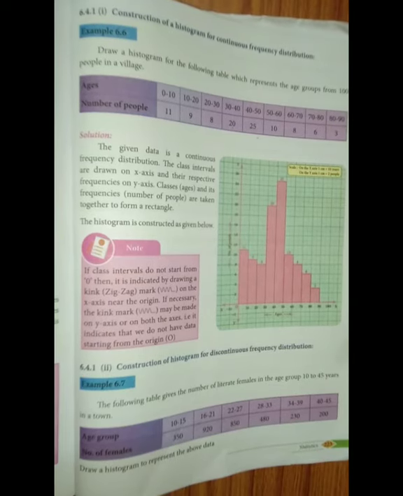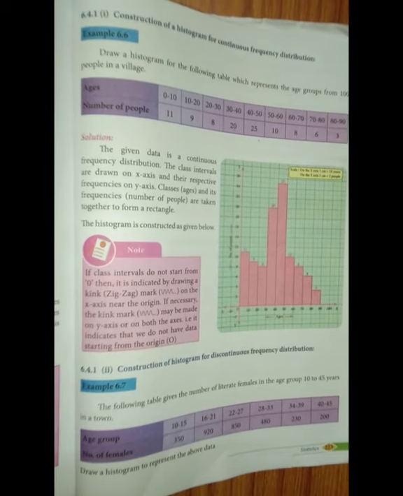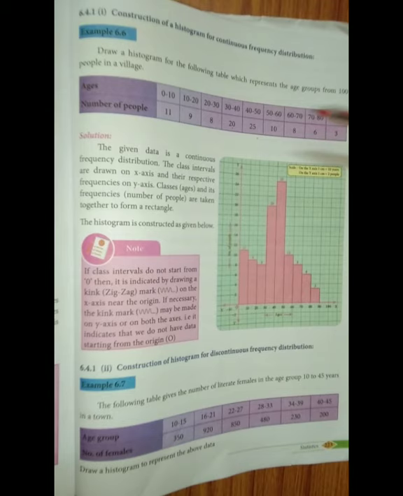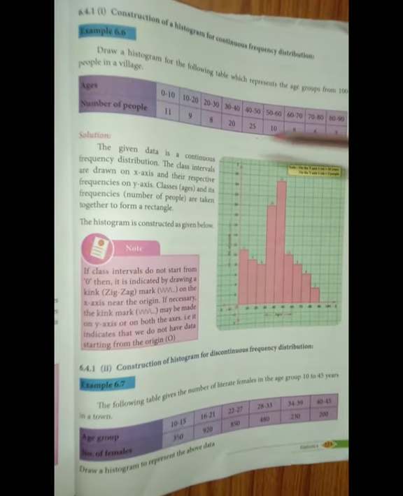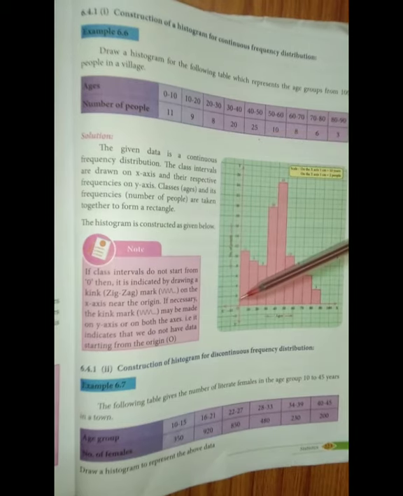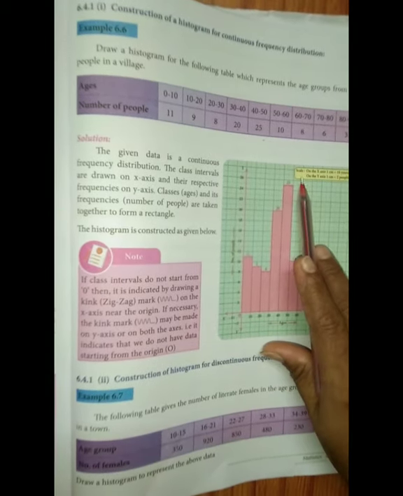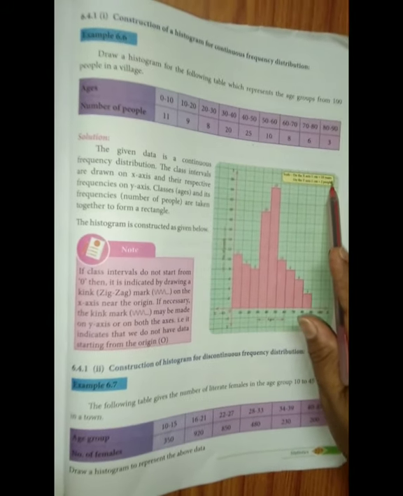The minimum value is 3 and the maximum value is 25. For the y-axis you can take 1 unit, or since it goes up to 25, you can take 2 units. That is our wish. First we write the scale. On the x-axis, 1 centimeter represents 10 years, because it represents ages.